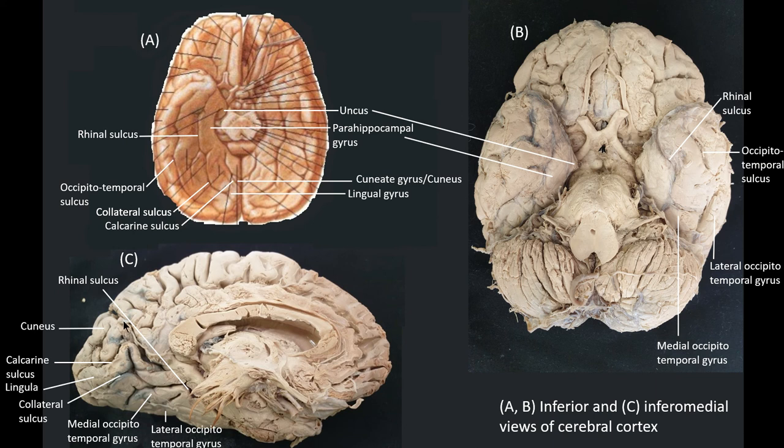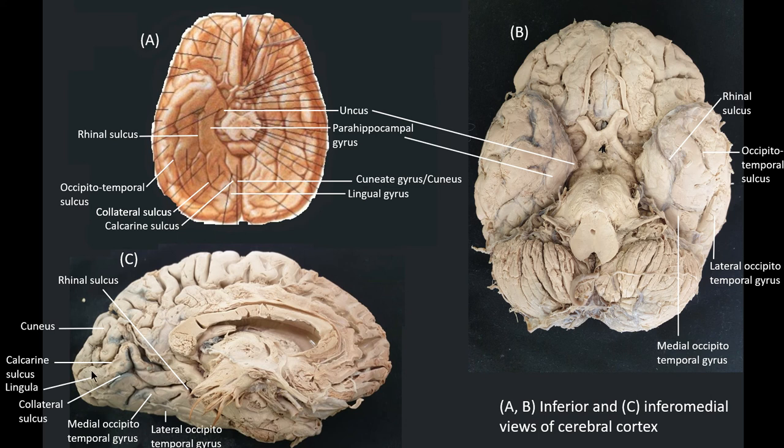If we look at the medial view over here, we can see the calcarine sulcus here. And if you remember, the calcarine sulcus was dividing the occipital lobe into a cuneal gyrus at the top, also known as the cuneus, and a lingual gyrus down below, also known as the lingula.